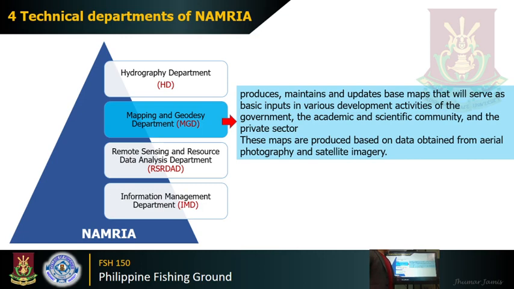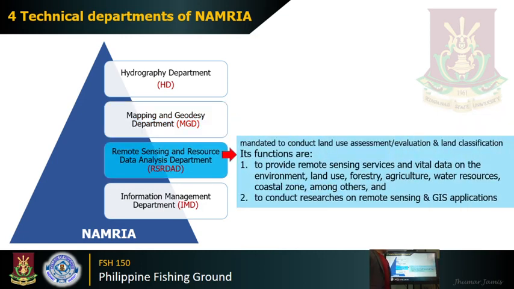And then itong RSRDAD, they are mandated to conduct land use assessment, evaluation, and land classifications. No, sila yung nag-assess para saan ba tong area na to? Ano yung gamit ng area na to? No, parang resource allocation or tinatawag natin na demarcated areas. Okay?